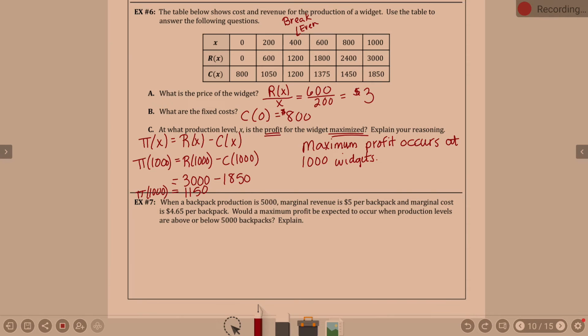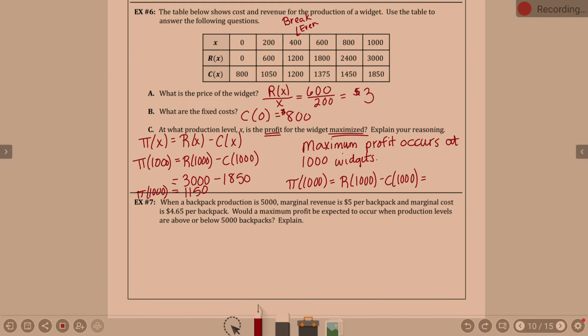Mrs. Sargent, yes. I have a complaint. Oh no. I don't got time for this. So at 1,000, you get the most profit, but like, is it the most profit or the most profit per widget? Because at 800 is the most profit per widget. Ooh. What? See.